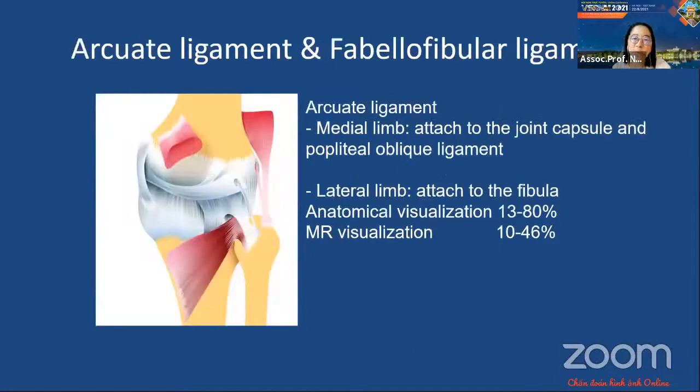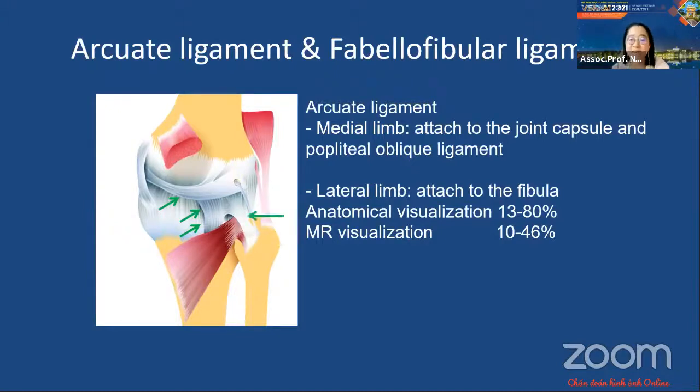So the next one will be quite fine and may be quite difficult to identify on MRI. Actually, it is the arcuate ligament and fabellofibular ligament. The arcuate ligament has two limbs. The medial limb attaches to the joint, and you can trace it from the ligament to the posterior joint capsule, and that area of joint capsule will thicken a little bit and be called the popliteal oblique ligament.